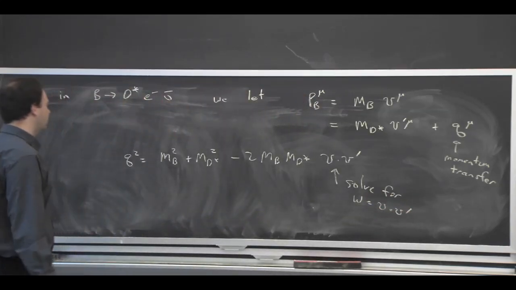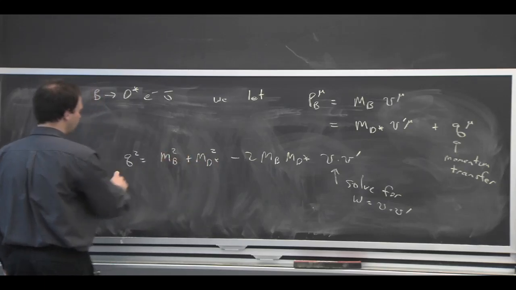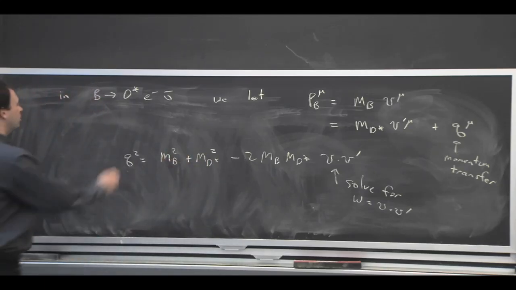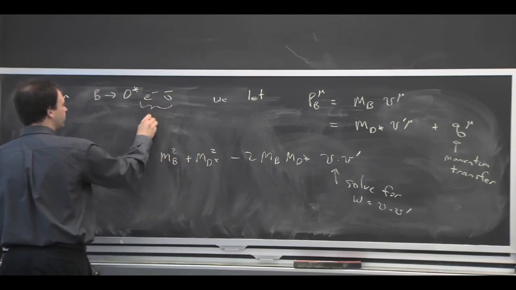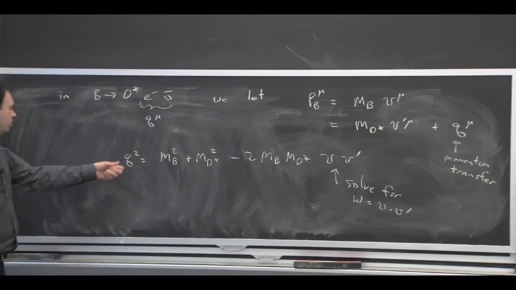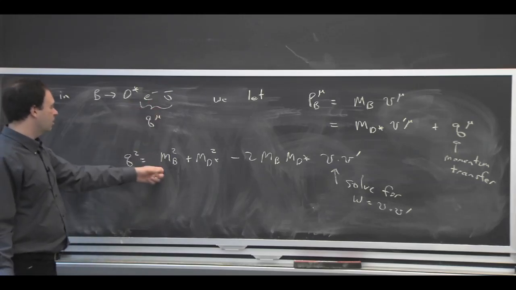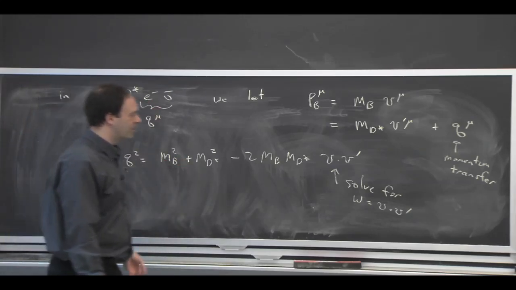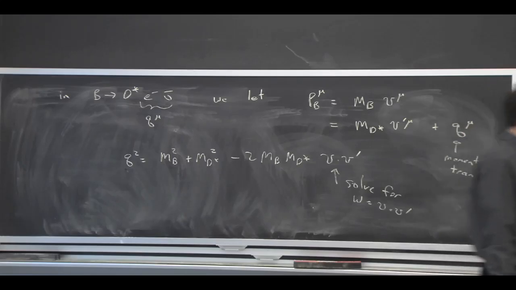You see that v dot v prime is fixed in terms of the meson masses and the momentum transfer, and that's the momentum transfer to the leptons here. How much momentum do they carry away? So you could think of all those things as external. You fix how much momentum the leptons carry away. These are fixed numbers. You look them up in the PDG, and then you know what value of v dot v prime to plug in here.